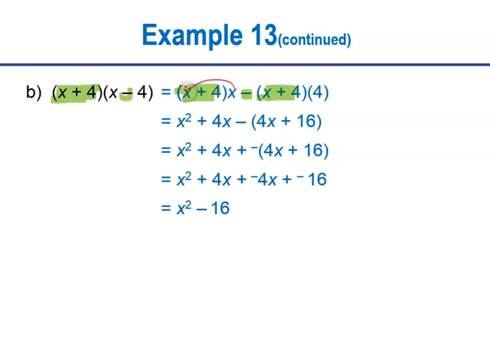So x times x and 4 times x, and then 4 times x and 4 times 4. The minus comes down, but then it has to plus a negative run inside. So that's negative 4x plus a negative 16. The 4x's cancel. One's positive, one's negative, and we're left with x squared minus 16.